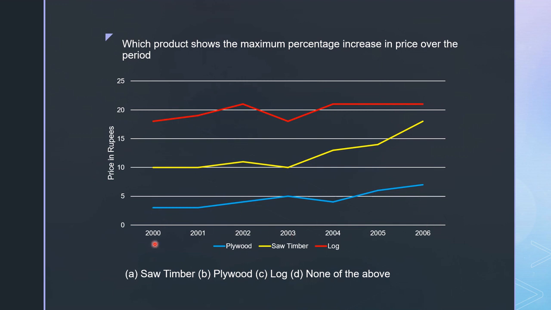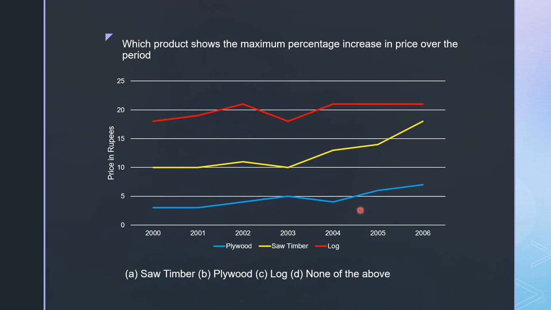So what is the value of 2000 for plywood? That is 3, and in 2006 the value is 7. So 3 is the initial value and 7 is the final value. The final value is greater than the initial value.